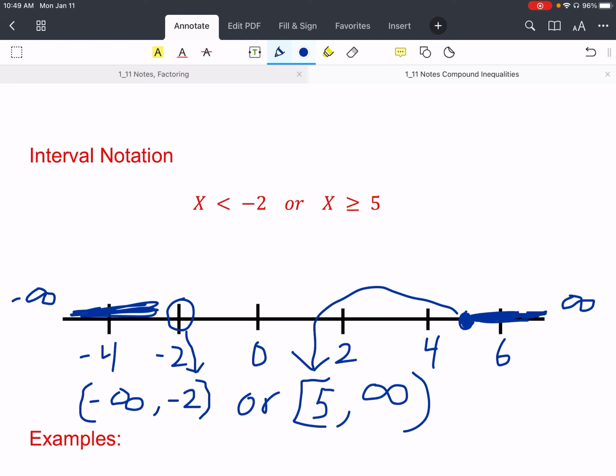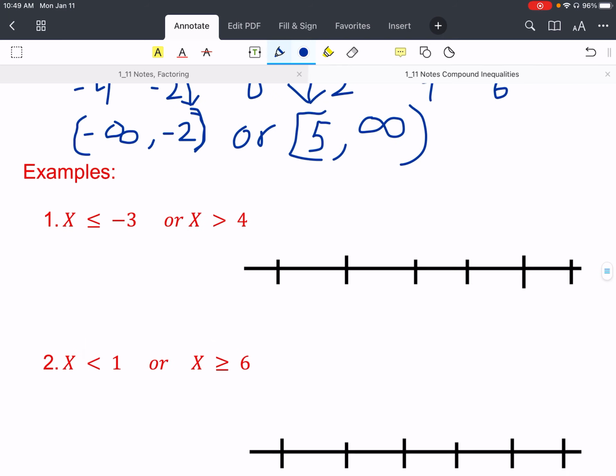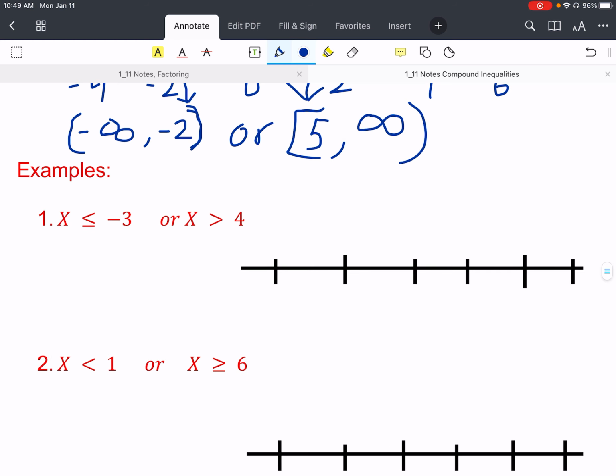But the interval notation is going to have a little bit of difference, whether it's an empty circle or a filled in circle. So that way people are clear whether it's greater than or equal to. I'm sorry that explanation was a little bit choppy. All right, so examples. We have x is less than -3. We'll probably draw a number line like this again.